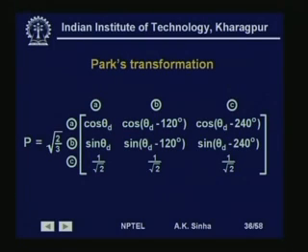We transform the ABC phase reference values into the dq0 frame of reference by using this Park's transformation. And this dq0 frame of reference, since it is along with the rotor, rotates at the same speed as that of the rotor.